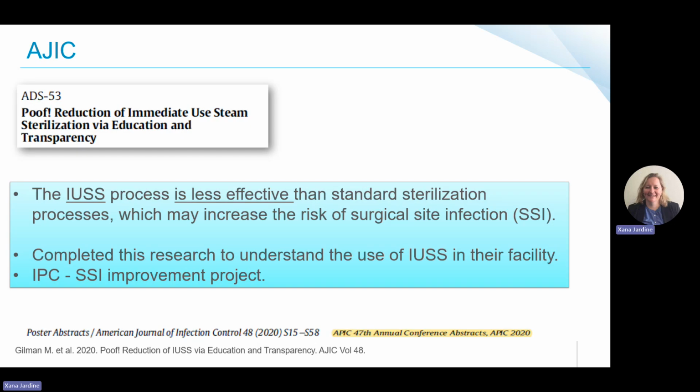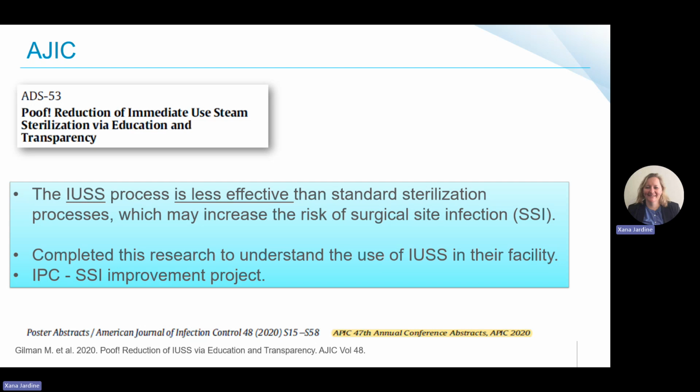This journal article was published in 2020, and it's an abstract from an oral presentation given at the American Infection Control APIC Congress in 2020. This was all about how this particular hospital managed to reduce immediate use steam sterilization purely with education and transparency.